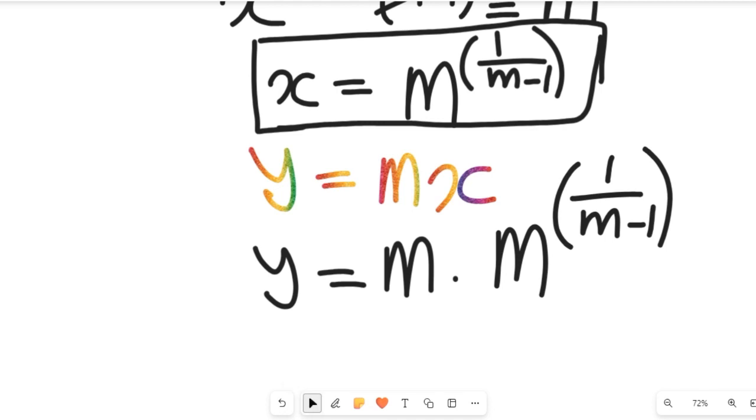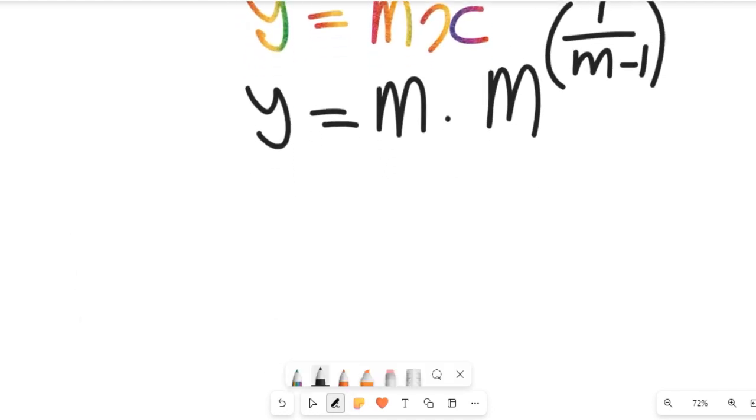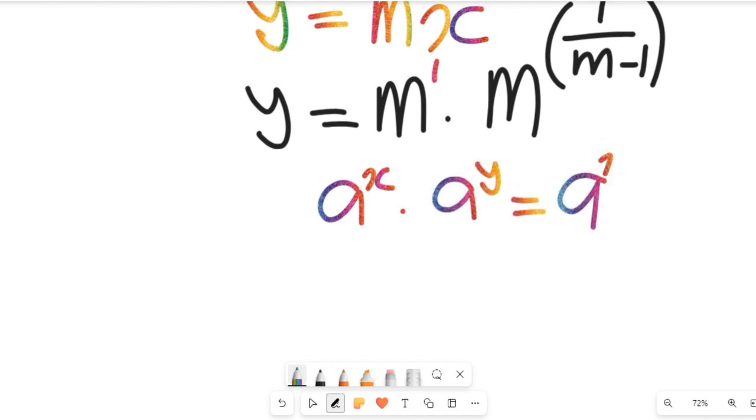right? Now recall the law of indices. If you have a to the power of x multiplying a to the power of y, this can simply be a to the power of x plus y, because the exponents will add.